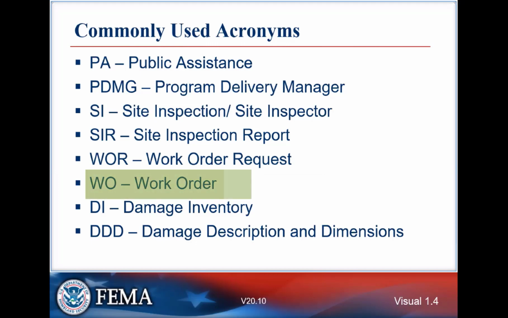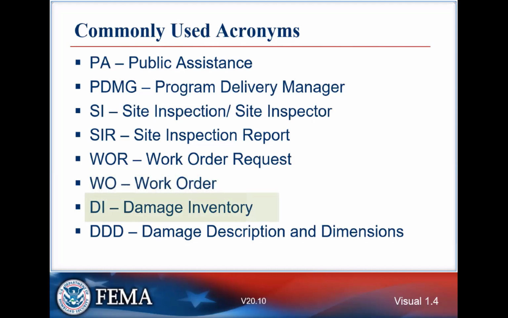And this is where all the details of your site inspection will be. So once you have confirmed a date, a time, a meeting location, and that work order request, the Site Inspector Task Force Lead will go ahead and assign it to the Site Inspector, and the Site Inspector will accept it. Once the work order request has been accepted, it then turns into that work order.